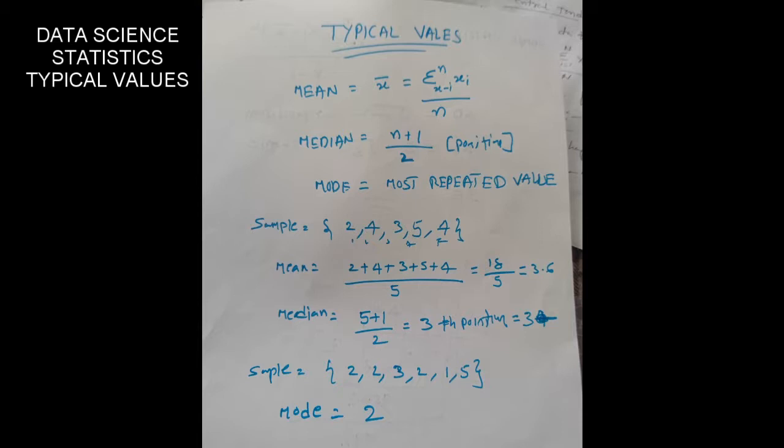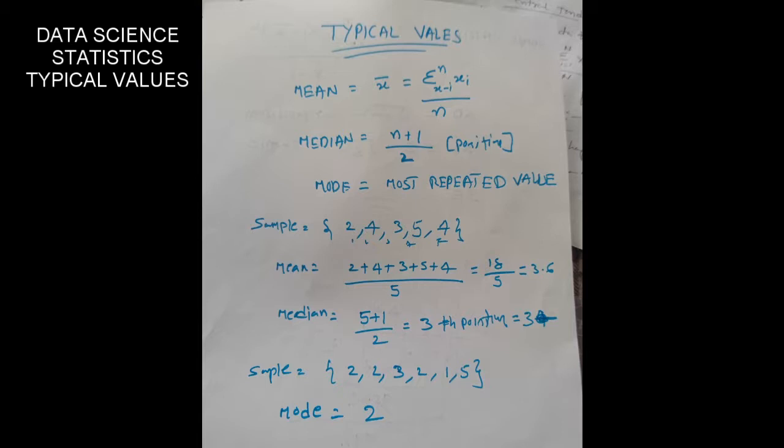Okay, so now we will try to see median. Median is the middle value, basically. We are trying to identify the middle value. So median equals n plus 1 by 2. In our previous example, we have 5 as the count, so n is 5.